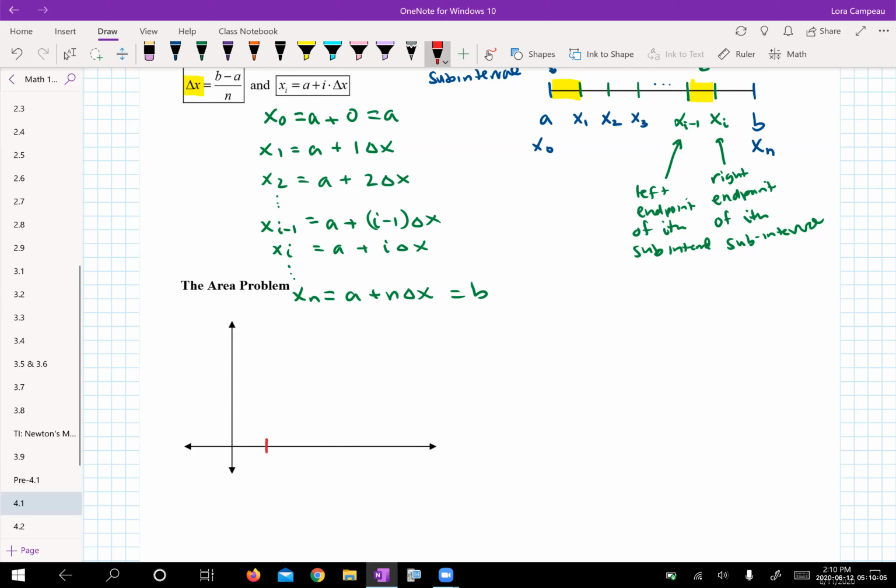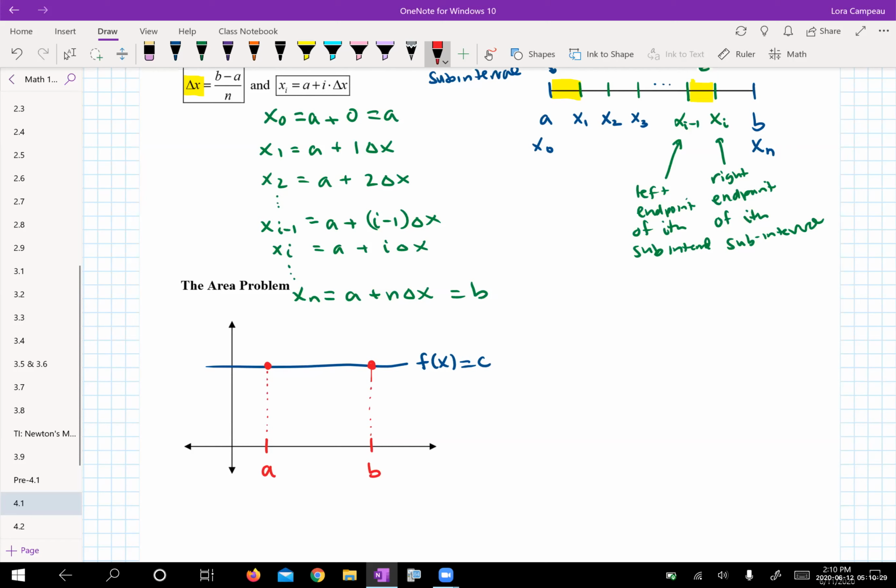And so let's look at breaking up the curve based on the intervals, and let's say the curve is a nice constant, f of x equals c. Well, if you're going to find the area under the curve, you'd have to understand where to start and stop on your curve.